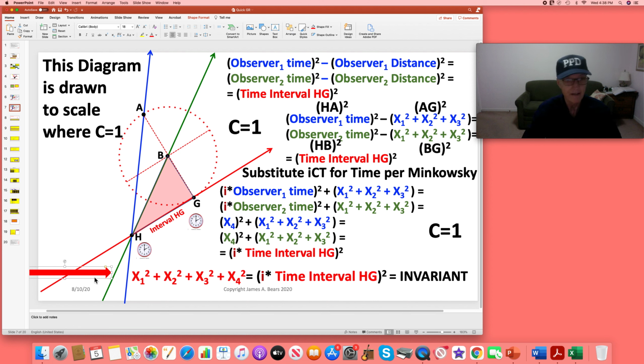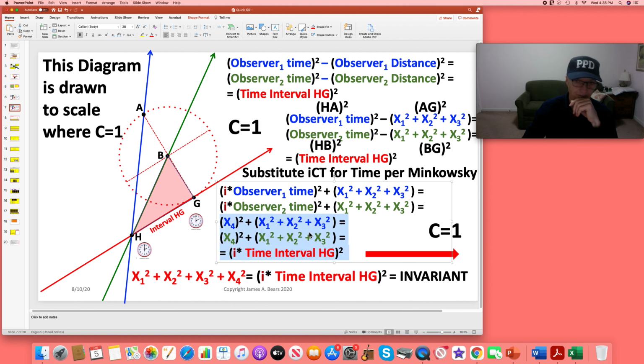Anyway, what you get is x1 squared plus x2 squared plus x3 squared plus x4 squared is equal to i times the time interval squared. It applies for these two observers and all observers. And Einstein called that the invariant because it applies to all observers looking at this time interval.